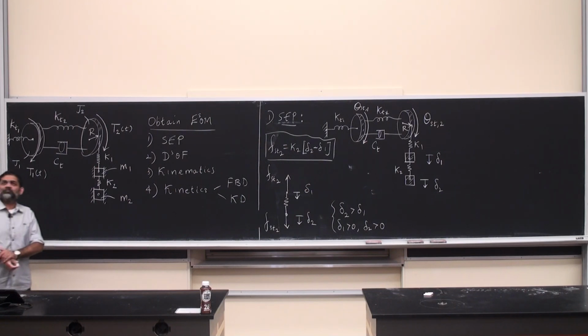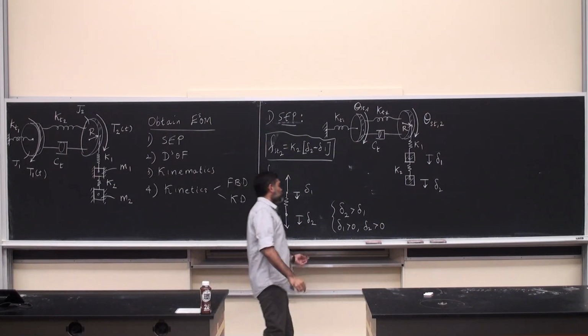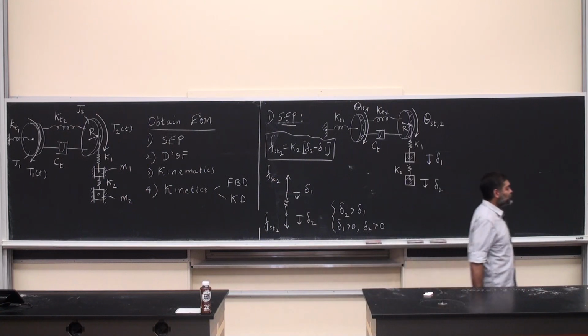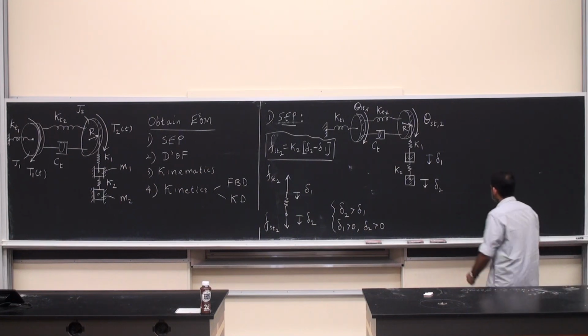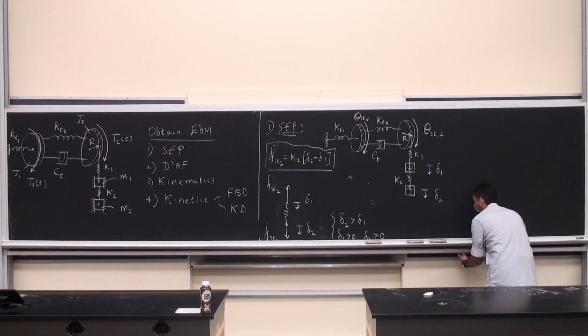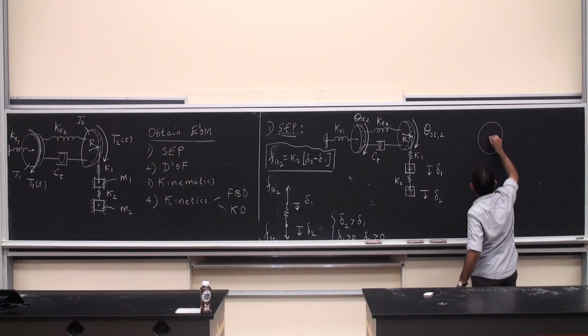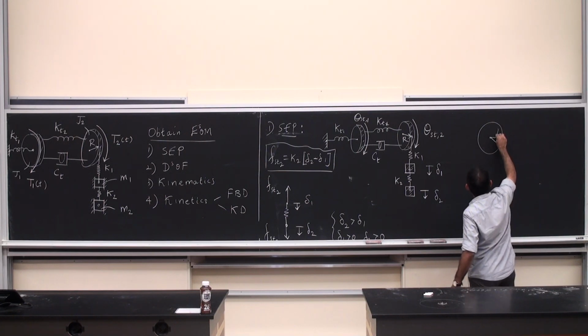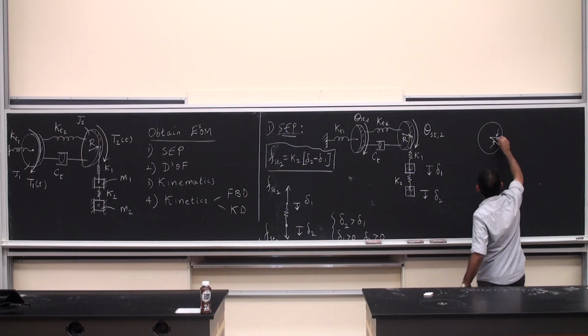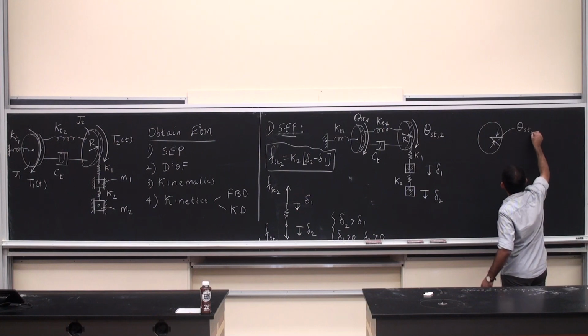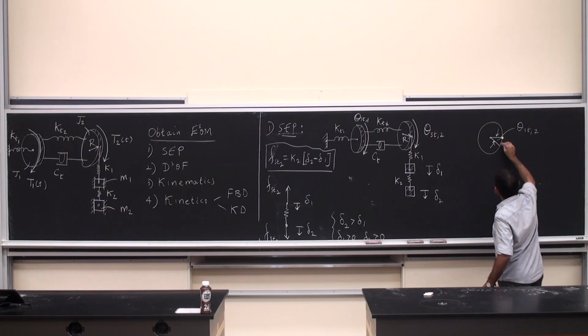Then I do the same thing for the spring K1. But I bear in mind that one end of the spring is connected to the disk, and so I look at the rotation of the disk due to the static displacement. This is theta static 2.